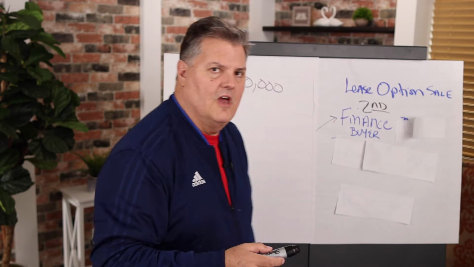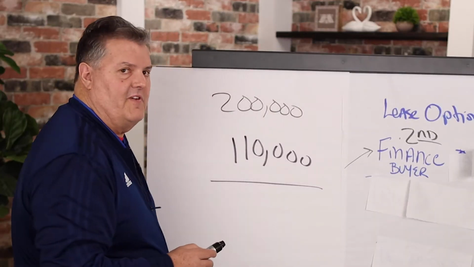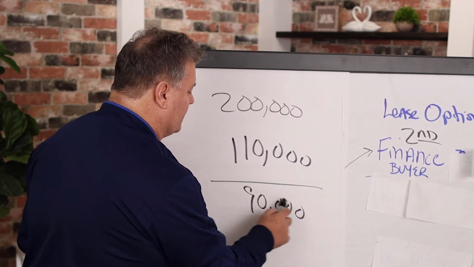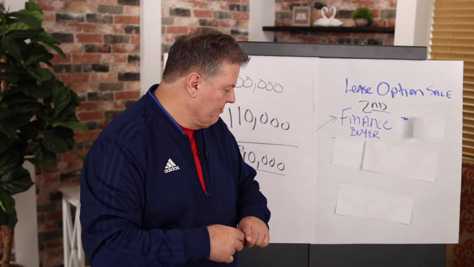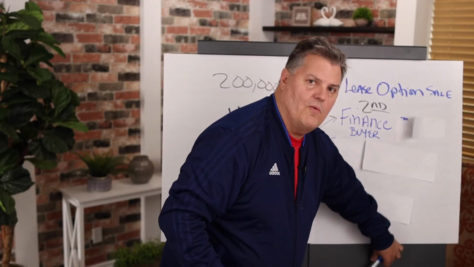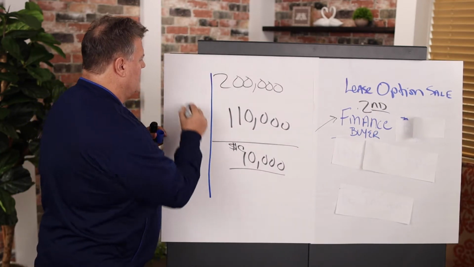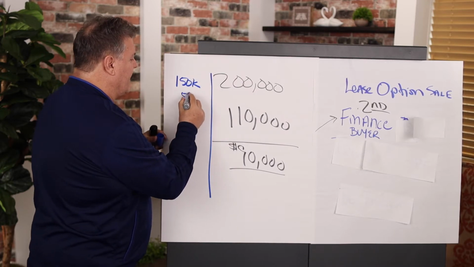You're selling it. You owe $110,000. So at close of escrow, let's forget all the costs of closing, you would have got $90,000, right? Now, the person buying the property for $200,000, they want to get a loan. So they're going to get a loan for $150,000. And they're going to put $50,000 down.